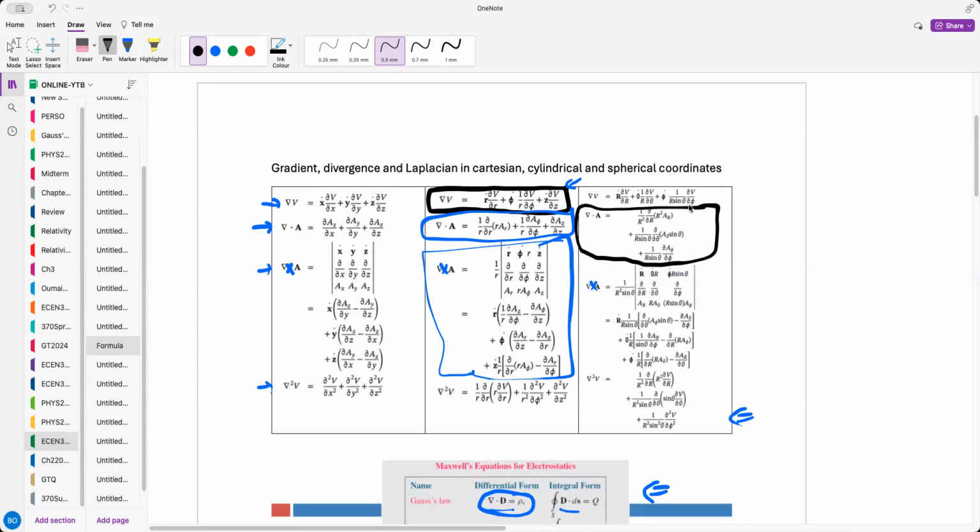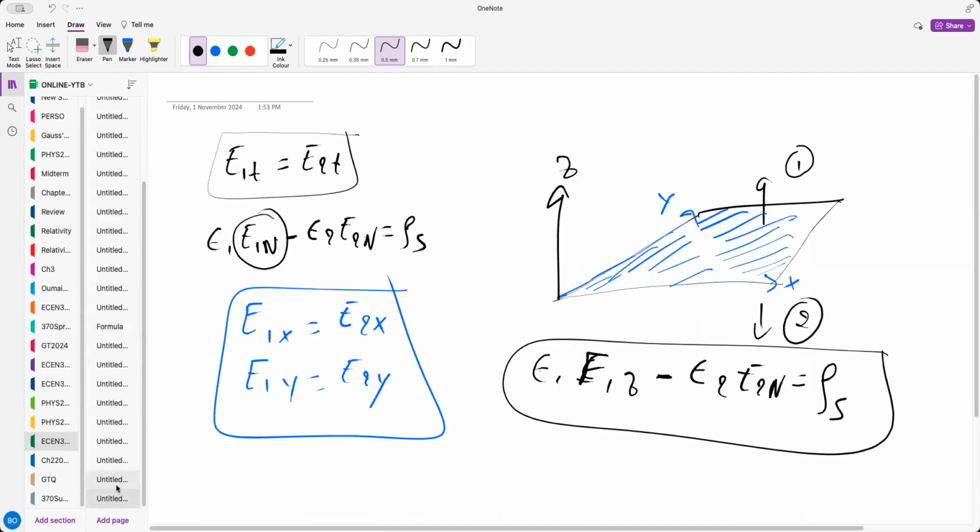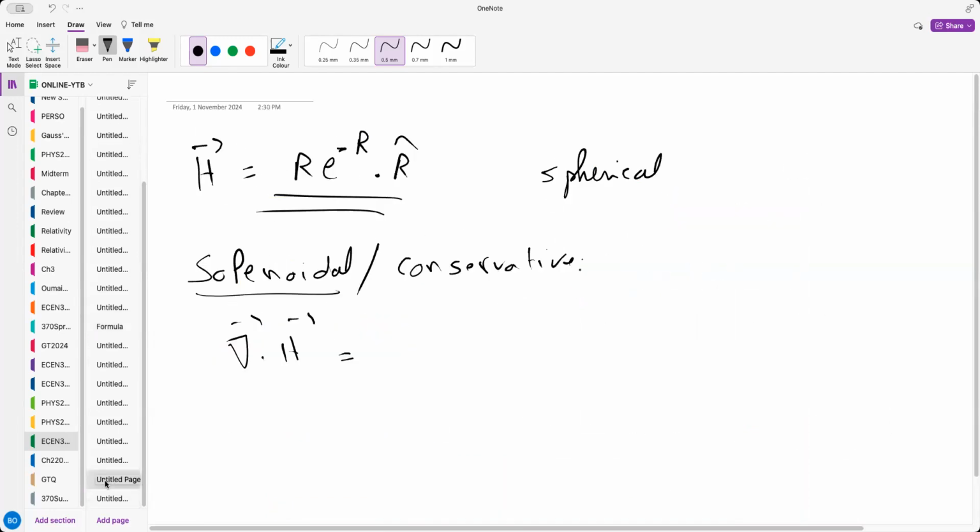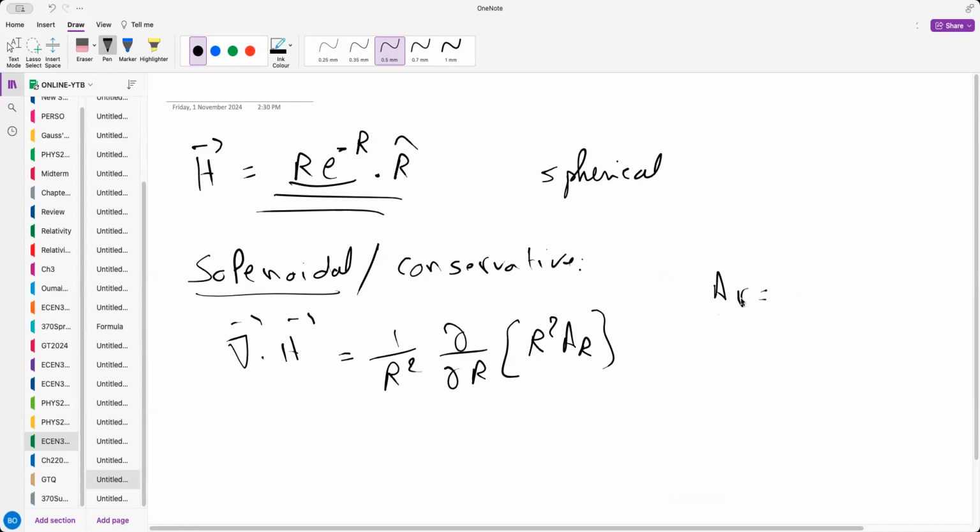Now, in this case, there is no component along theta and no component along phi, which is very easy. It's not complicated. So here, the only component that is available is along r, A_r, the component along the r axis.